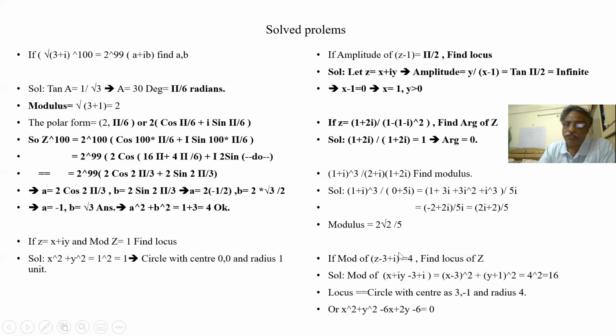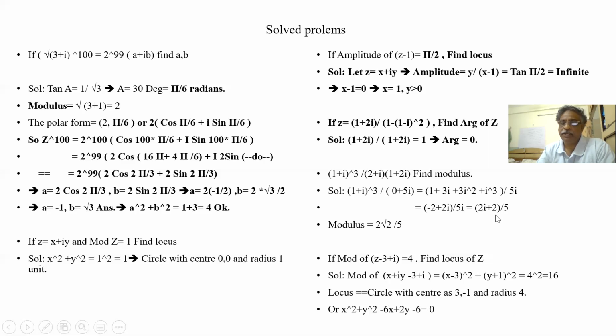So here find the modulus. Let us simplify this. 2 plus i into 1 plus 2i. So when I multiply, 2 ones are 2, 2 ones are 2, i into i, 2i square. 2i square is minus 2. Then it is 0. So i plus 4i is 5i. So when I further simplify it, 1 plus i whole cube, a cubed plus 3a square b plus 3ab square plus b cubed by 5i.